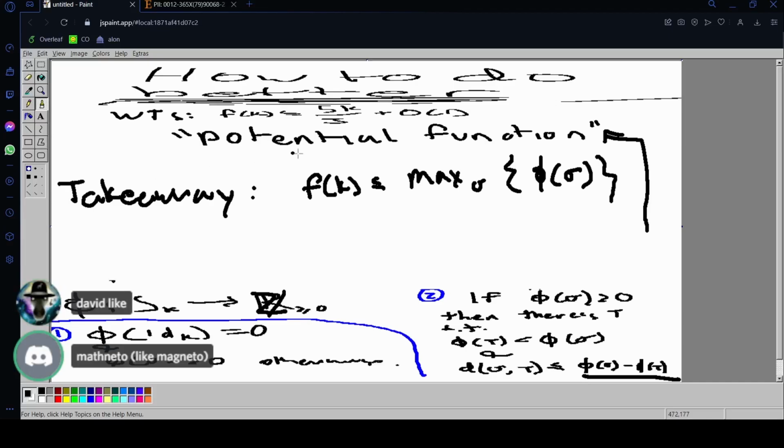I believe potential functions appear in something called Conway's soldier problem. Yeah, I should have set this up at the start.